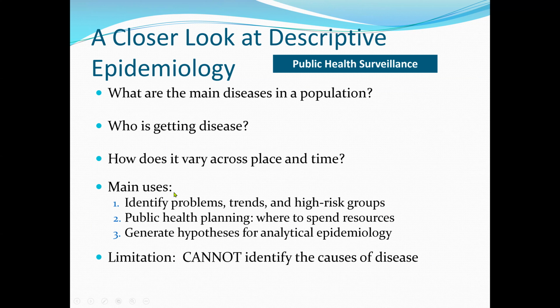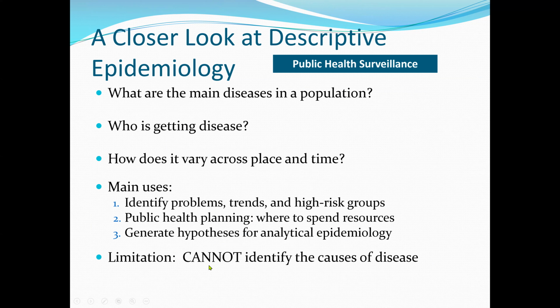So we have the main uses, and here will be to identify the problems, the trends, and high-risk groups. Also public health planning, where to spend resources, and generate hypotheses for analytical epidemiology. These are some examples of descriptive epidemiology.